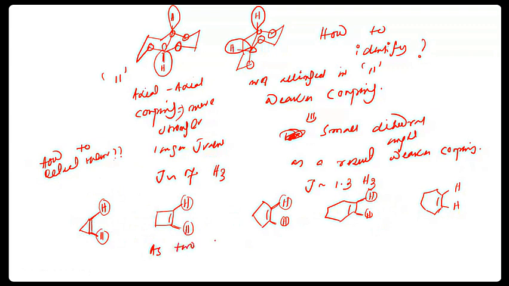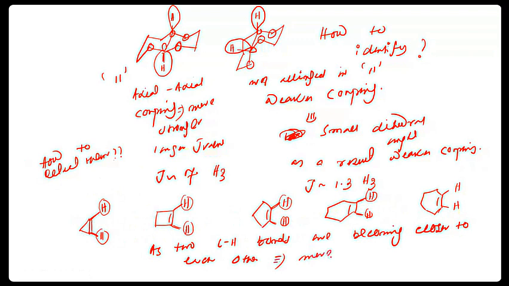As two sigma bonds are becoming closer to each other, we will have stronger coupling. As this is working through bonds, the overlap will be better.